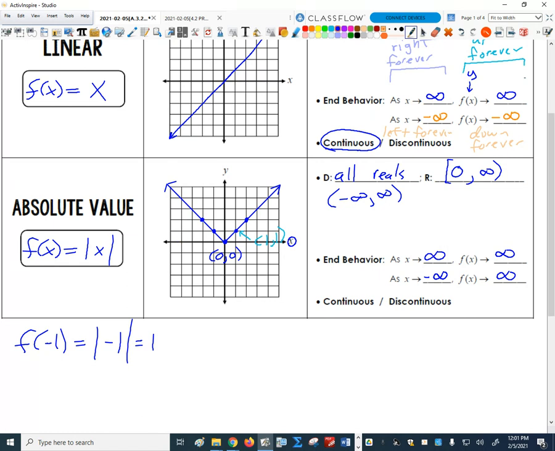Good job. Is this continuous or discontinuous? Let's see. Continuous or discontinuous, Carson? Remember what we're asking there. If it's continuous, it means I can graph it without picking my pen off the board.